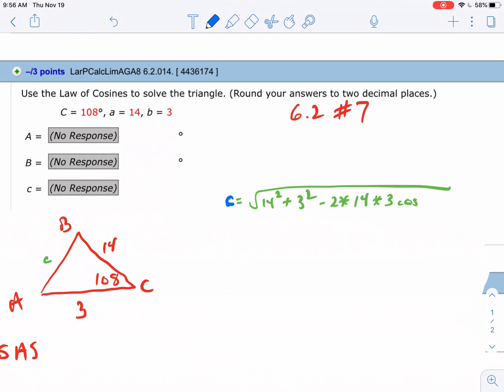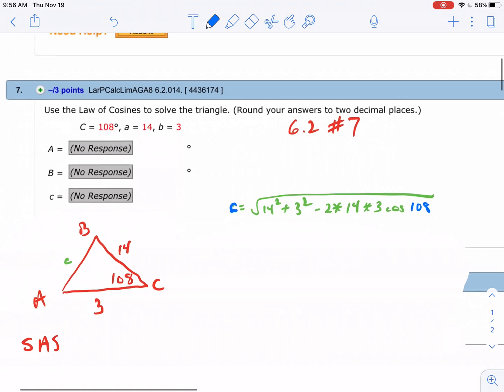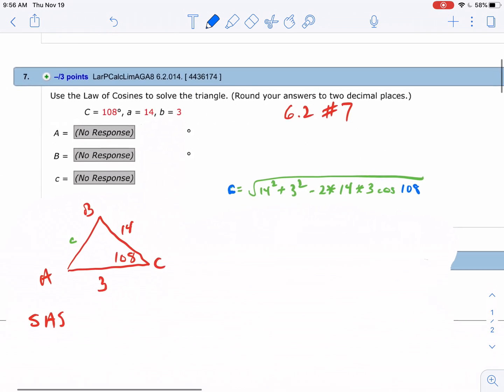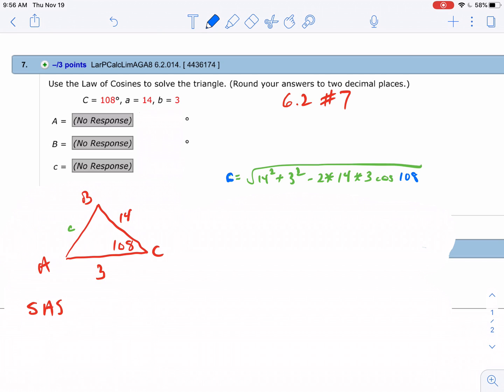In the lecture I made the angle and that starting side the same color because they're partnered up with each other. So let's go ahead and go to our calculator and type that in.